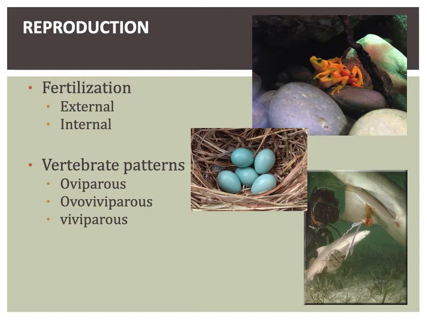And then I'm going to go on to the third term here, which is viviparous. Vivipary is the case in mammals. What that means is that the embryo develops in the parent's body and receives nourishment from the parent as well.